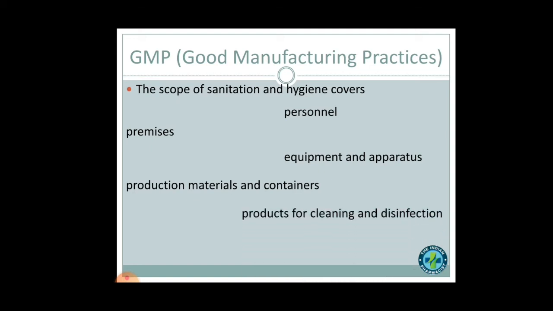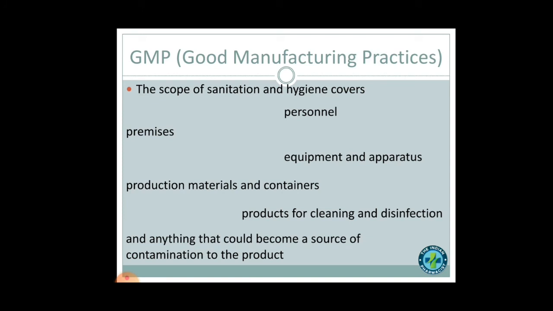Products for cleaning and disinfection: what type of reagents or procedure shall be used for sanitization shall be covered in that procedure. And anything that could become a source of contamination to the product. If any potential contamination source or agent is observed, it should be covered in that procedure.